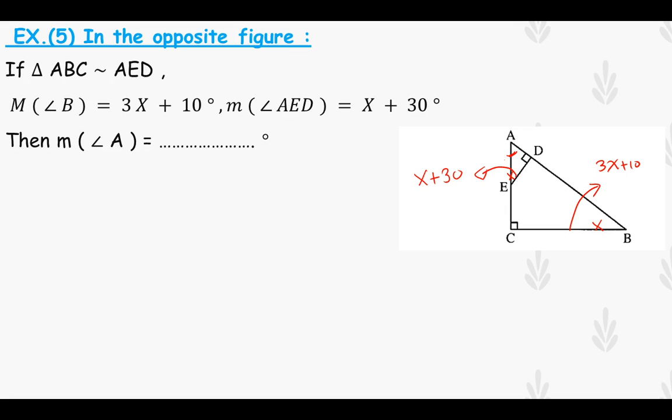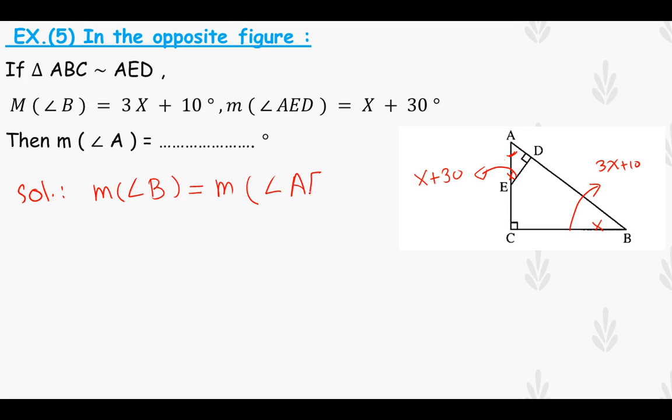Okay, from similarity we know that measure of angle B equals measure of angle E, so we can write the solution here. Measure of angle B will be equal to measure of angle AED.